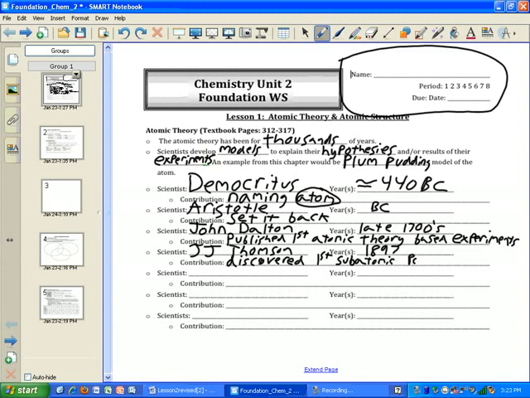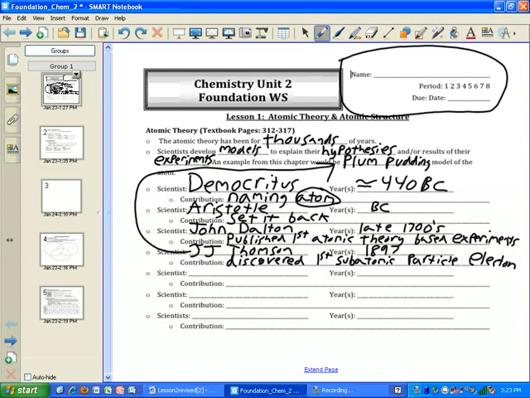He named the electron at first the negative corpus, and now it's the electron.